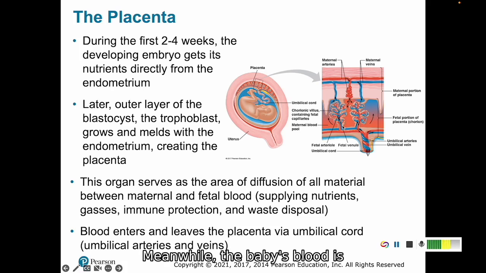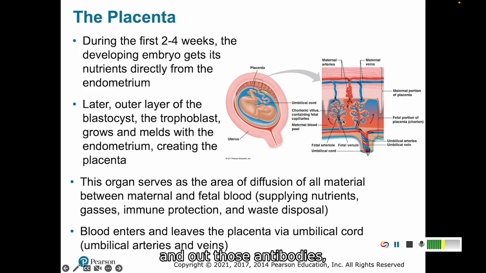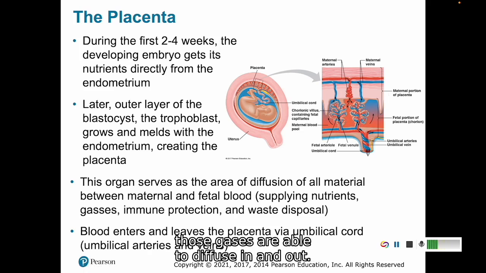Meanwhile, the baby's blood is staying in the fetal capillaries. It's not going to leave and intermix. So while the two blood supplies are completely physically separate, those nutrients are able to diffuse in and out. Those antibodies, those gases are able to diffuse in and out.